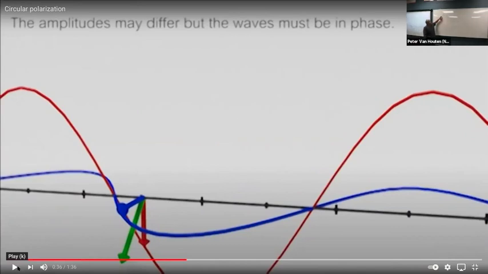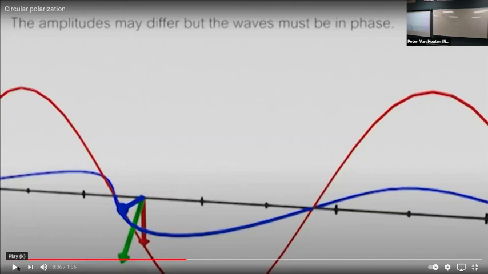I was talking here about one wave with electrical and magnetic field. This case is a combination of two linear waves. I have two emitters, two transmitters, and both are producing linear waves. One is going horizontal and the other one vertical.